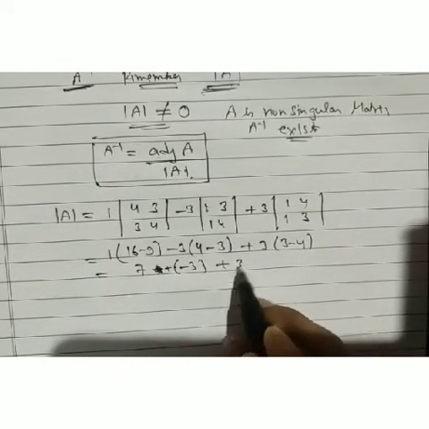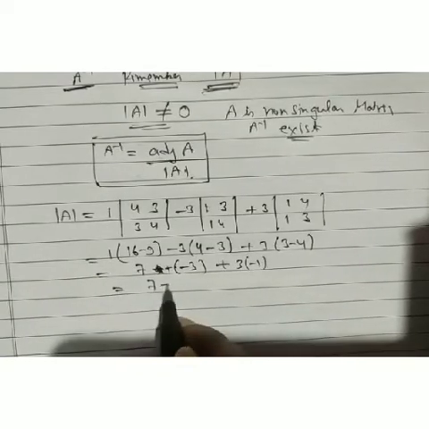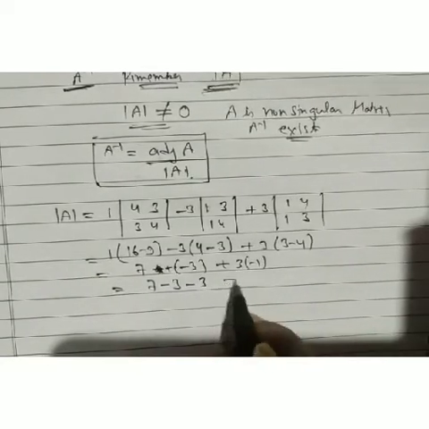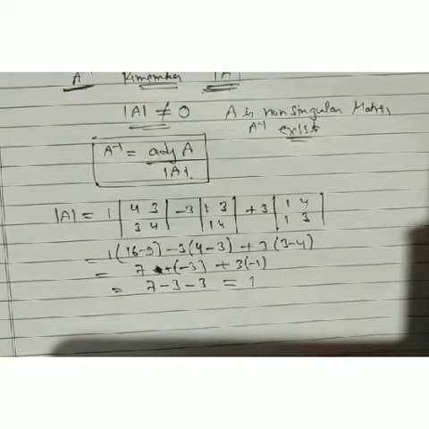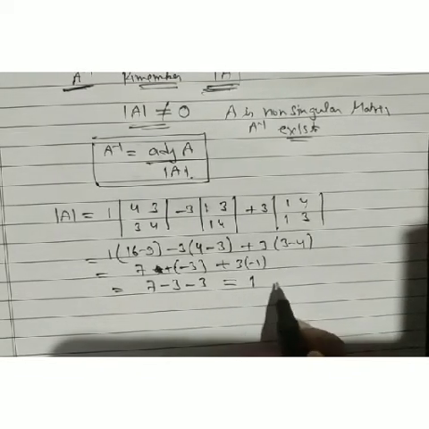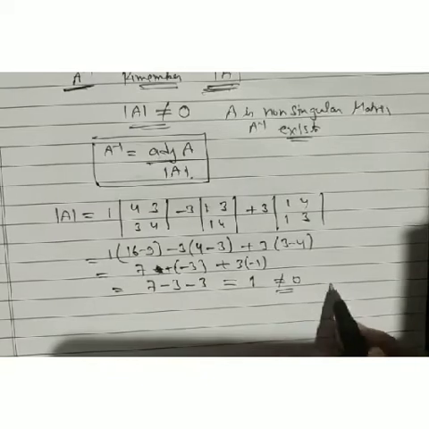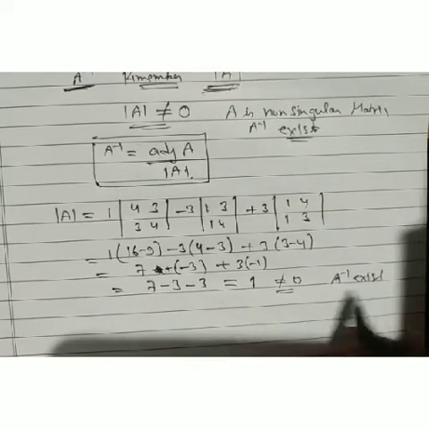Then 3 into minus 1 is minus 3. Then 7 minus 3 minus 3 gives us 1. Since 1 is not equal to 0, it means A inverse exists.